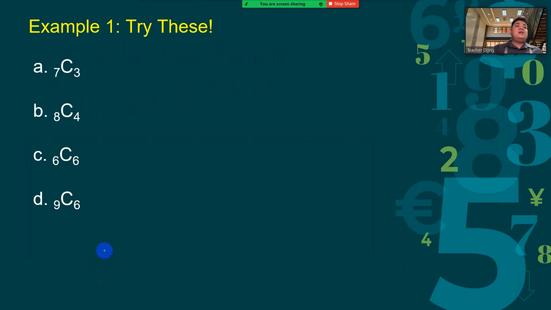We have for letter A, combination of 7 elements taken 3 at a time. If we are going to compute manually, for A, we have combination of 7 taken 3 at a time. So your n will be 7 and your r is 3. Now, we have 7 factorial over 7 minus 3 factorial times 3 factorial.